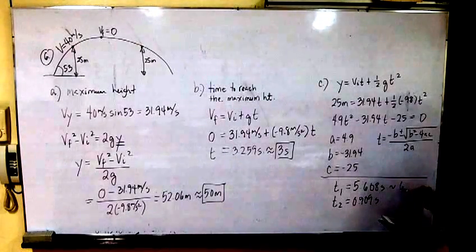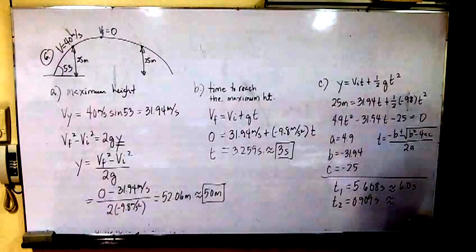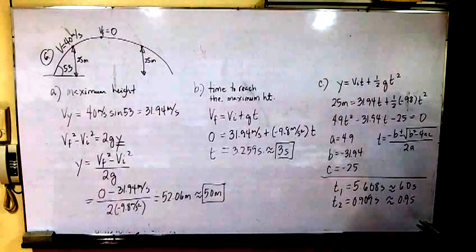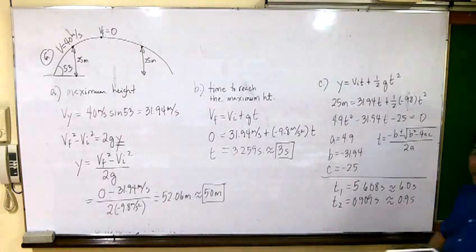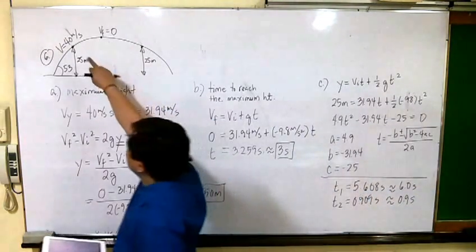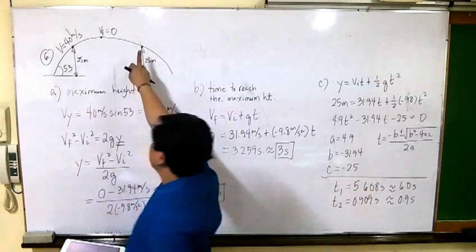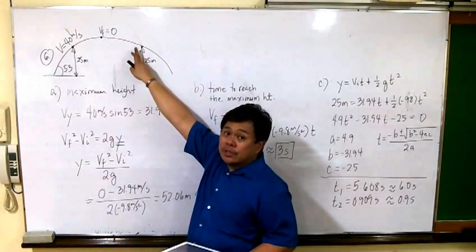Rounding off, you will get 6.0 seconds and 0.9 seconds. Okay? This 0.9 seconds refers to this portion, while the other one, 6 seconds, will refer to this portion, the time of flight it takes to reach this point.